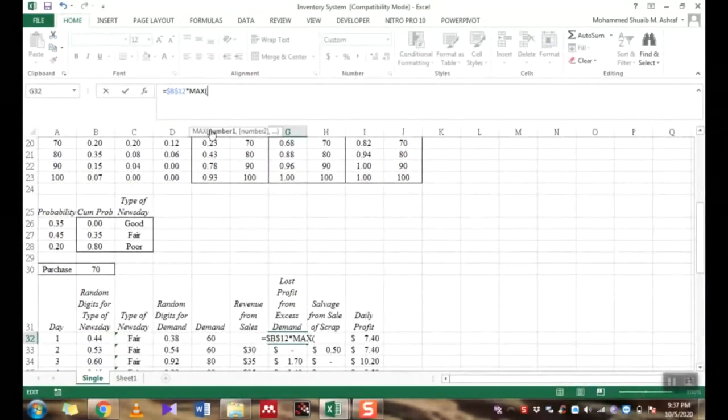This day's demand, E32, minus this value, E30.